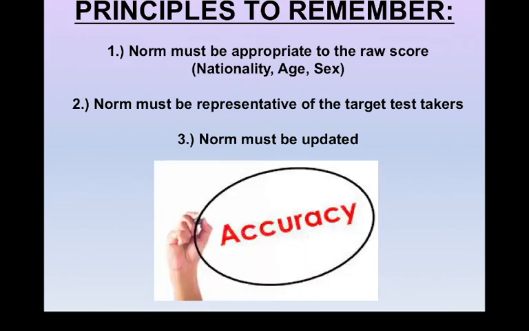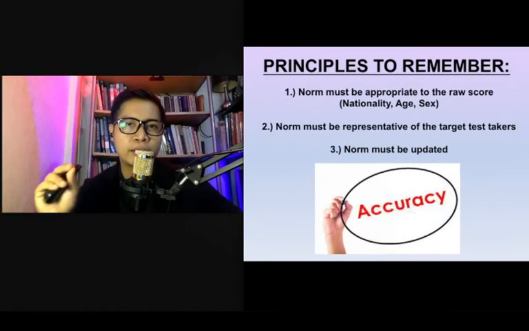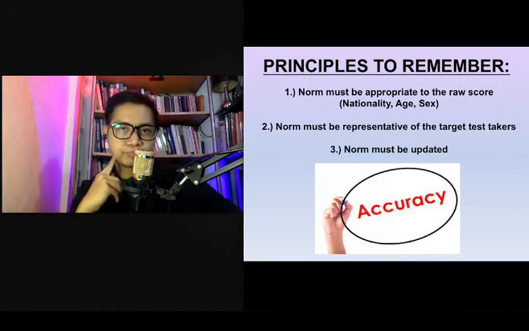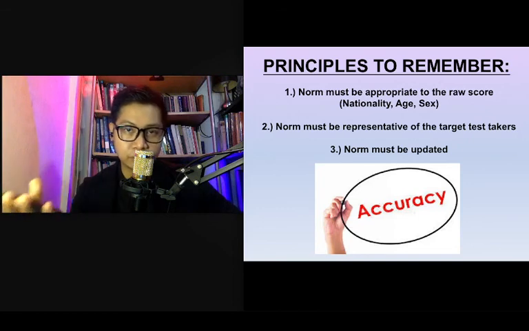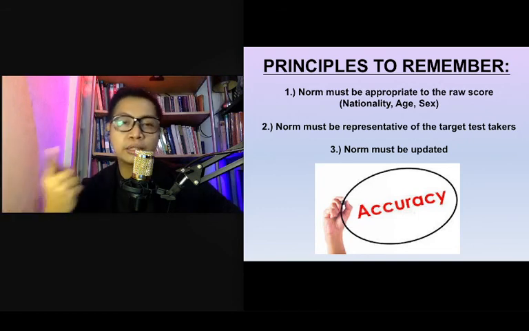Gusto kasi natin, yung label na makukuha natin from a raw score is accurate. But the chance, yung tsansa na yung label na ibibigay mo sa raw score is accurate, kailangan i-apply mo yung mga principles na diniscuss natin for today.